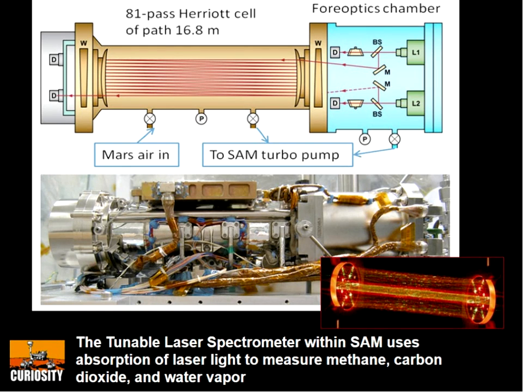And that allows us to pump Martian air inside that cell, shine the laser through it, and gases in the air will absorb the laser light, just a tiny little bit, but they'll absorb it enough that we can measure the constituents of the atmosphere. And we have two of these lasers on Mars. One measures carbon dioxide and water in the atmosphere, and the other measures methane.